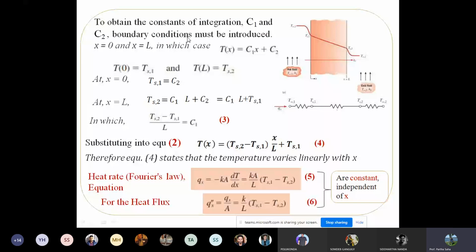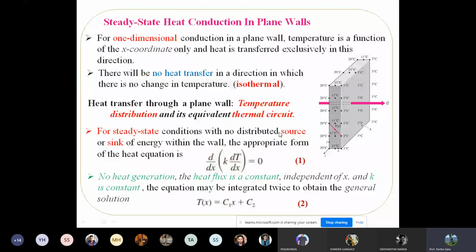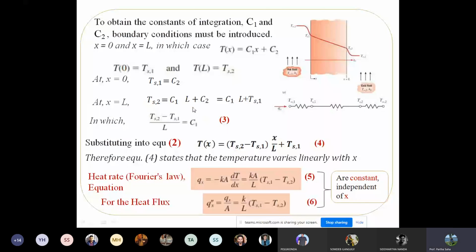What you need to know to obtain C1 and C2 are the boundary conditions, right? Because the generic equation is integrated twice, you get T(x) = C1x + C2. So C1 and C2 can be determined using the proper boundary conditions.